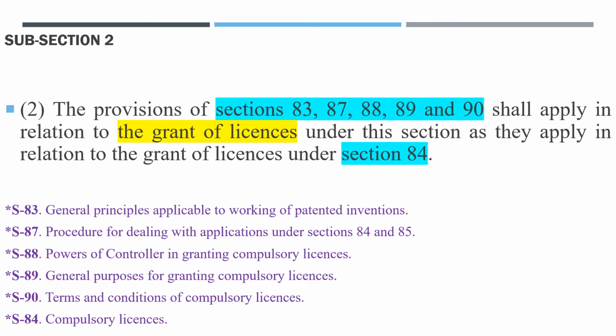Here the key phrase is the grant of licenses. I don't think there is much to explain here, but still let me tell you: the provisions of sections 83, 84, 87, 88, 89 and 90 shall apply in relation to grant of licenses under this section, that means section 92, as they apply in relation to grant of license under section 84.